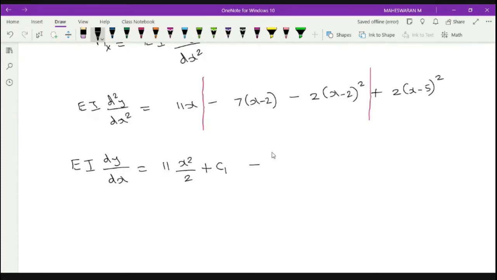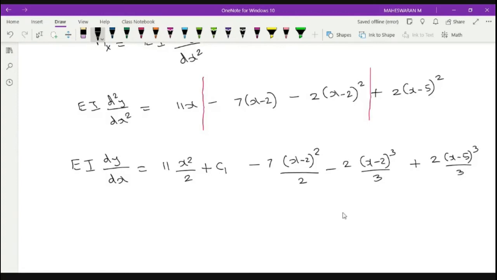So here we get 7 into (x minus 2) the whole square divided by 2, minus 2 (x minus 2) the whole cube divided by 3, plus 2 (x minus 5) the whole cube divided by 3.